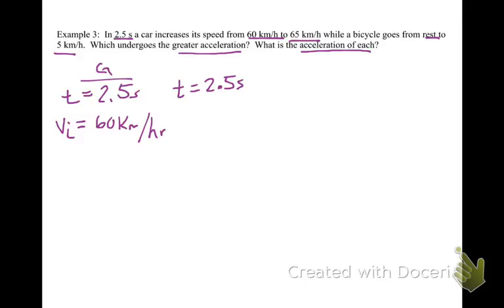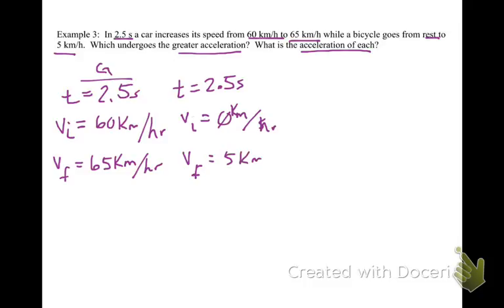The final velocity of the car is 65 kilometers per hour. The initial velocity of the bicycle, it says it starts from rest, so remember, if it starts from rest, our initial velocity is 0 kilometers per hour. And our final velocity is 5 kilometers per hour.